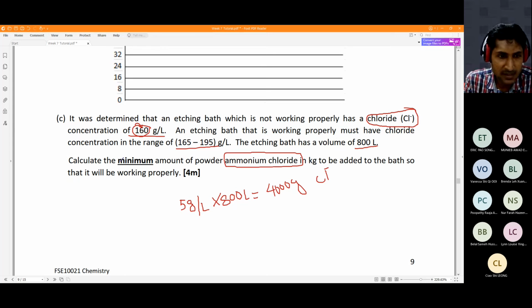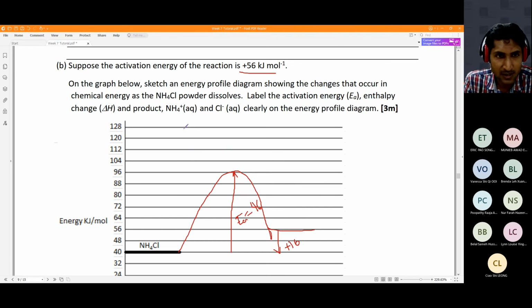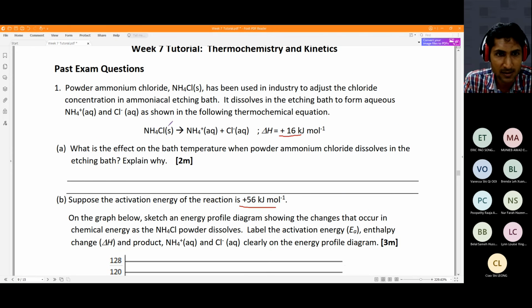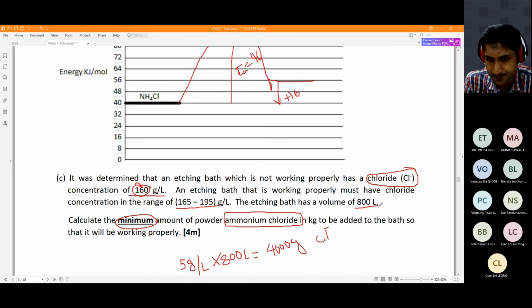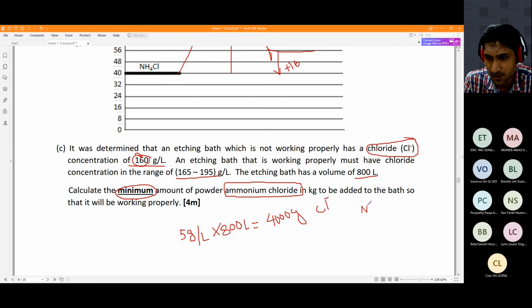But the problem says the minimum amount of powder ammonium chloride I require. It does not say the minimum amount of chloride. It says ammonium chloride. This is the ammonium chloride.